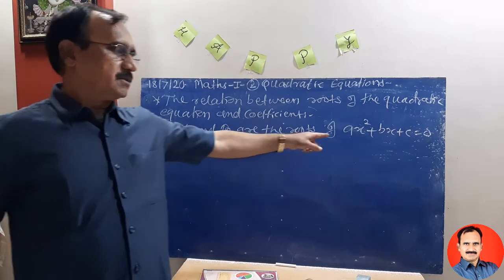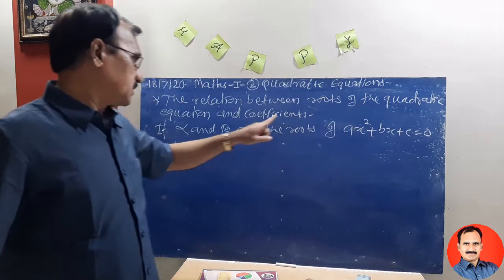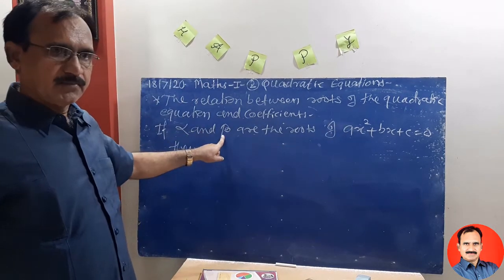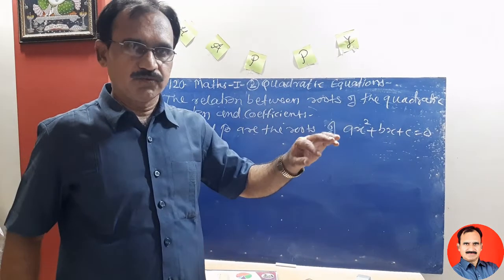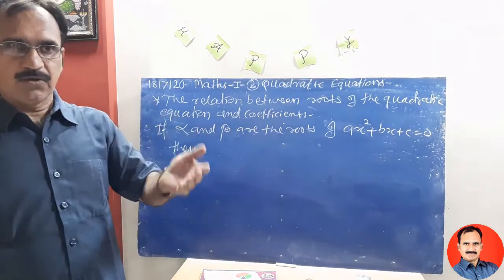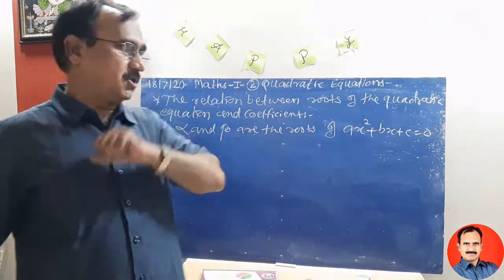That means this is a quadratic equation, and the roots of this quadratic equation are alpha and beta. You know, x square plus 5x plus 6 is equal to 0. Minus 2 and minus 3 are the roots of this quadratic equation.